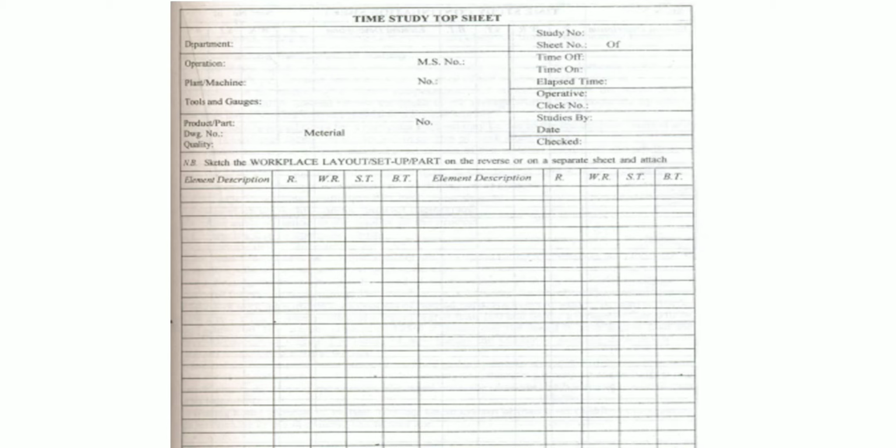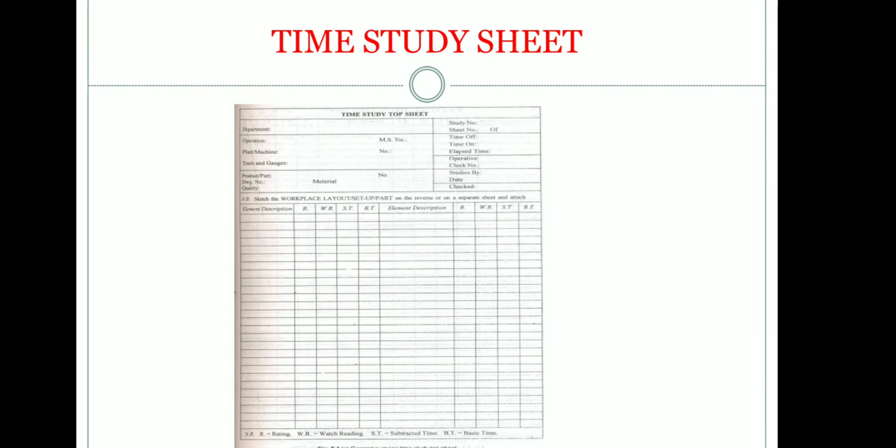This is an example of a time study sheet. In it, R means rating, WR means watch reading, ST means subtracted time, and BT means basic time.